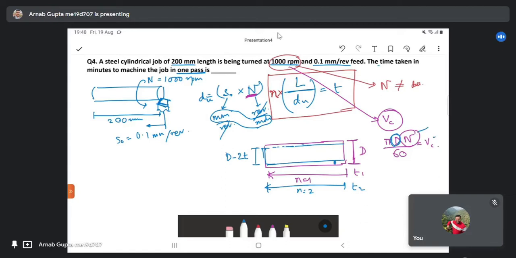So you find out n for this particular pass, and likewise you will carry out the subsequent passes, n equal to 2, n equal to 3, and so on. Every time you have to find the reduced diameter. We have already assumed that Vc is constant, so the n will vary from the first pass to the second pass.